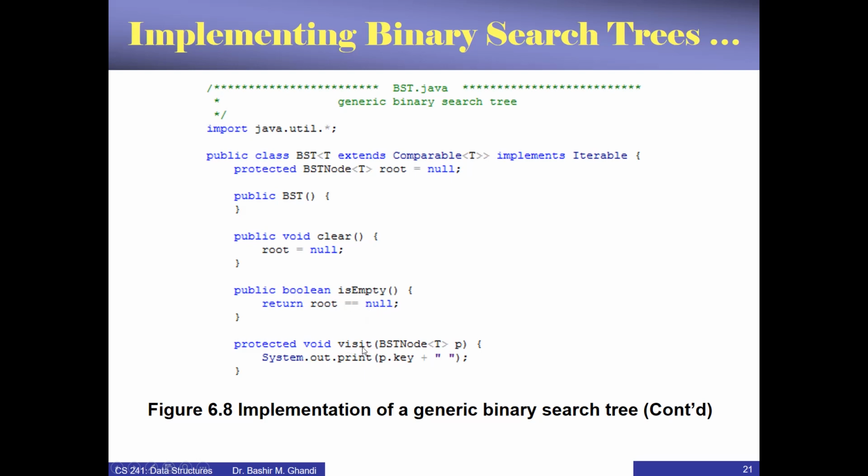And the last method here, called visit, will receive a reference to a node and simply print the key of that node, print p.key. We're going to use this method a lot when we come to traversal. So basically we give it a node and it will print the key of that node. This is the visit method.